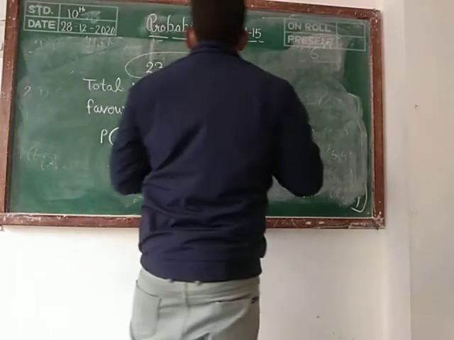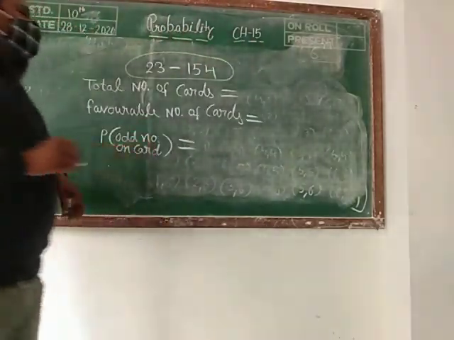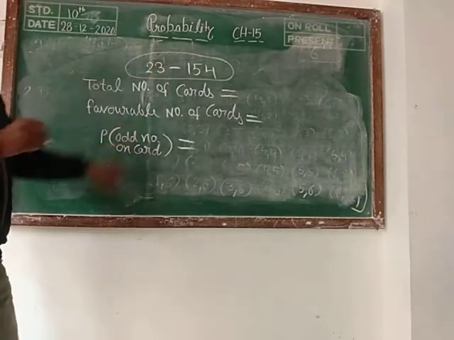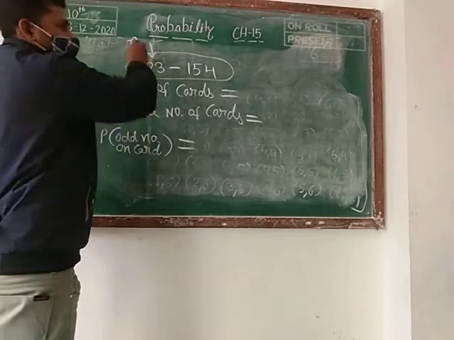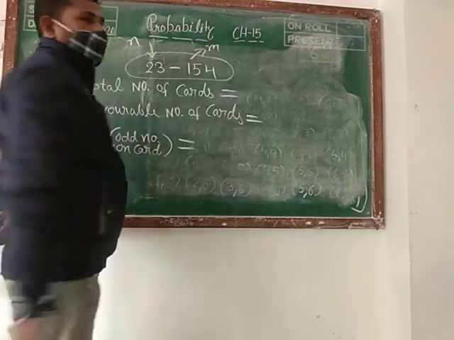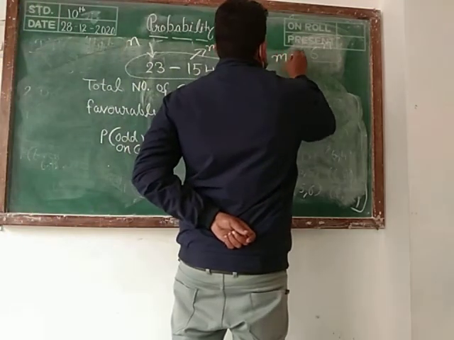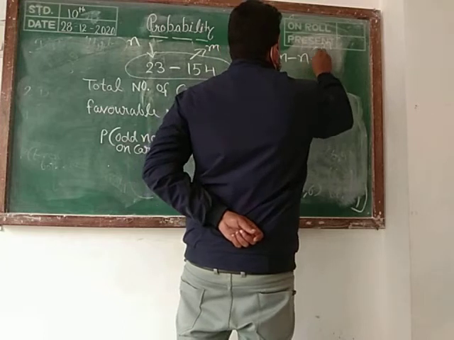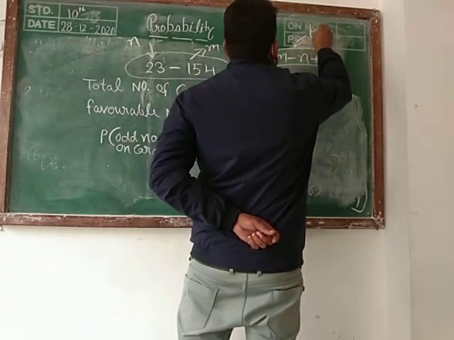In these situations, suppose I take the starting number as small n and the last number as small m, and I subtract these two: m minus n plus 1, and this is the total number of cards.